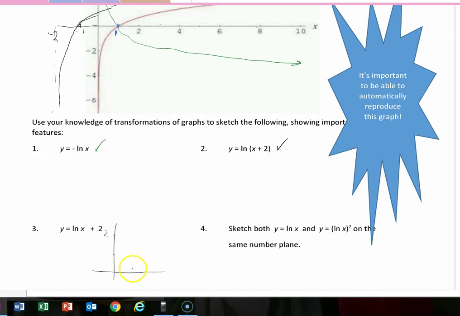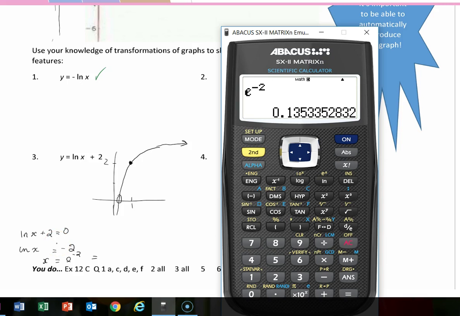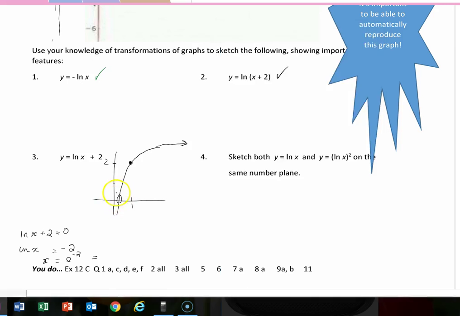So when x is 1, we're up here, and you possibly could identify this x value. We've basically got the same shape happening again. So you can see there that I'm solving log of x plus 2 equal to 0.